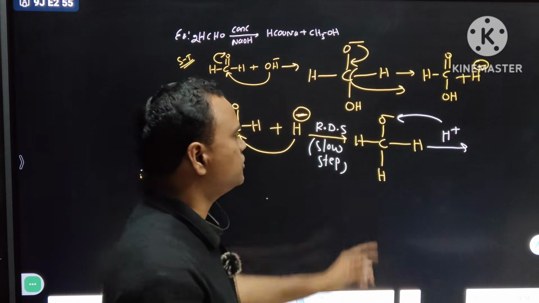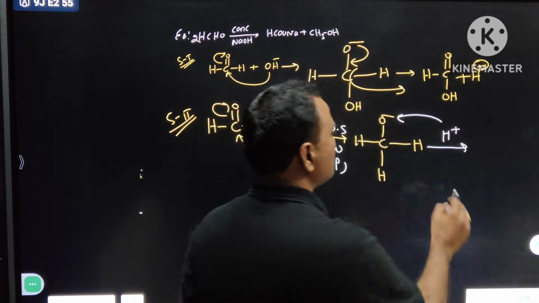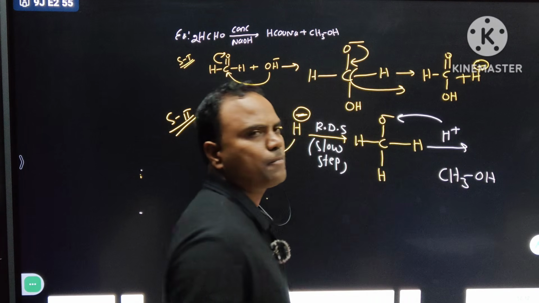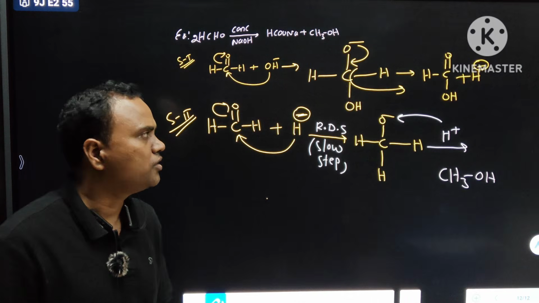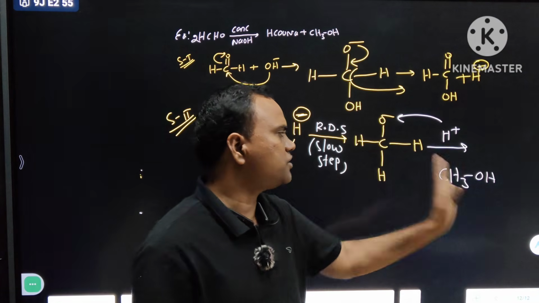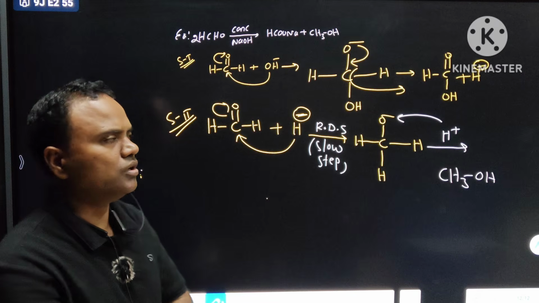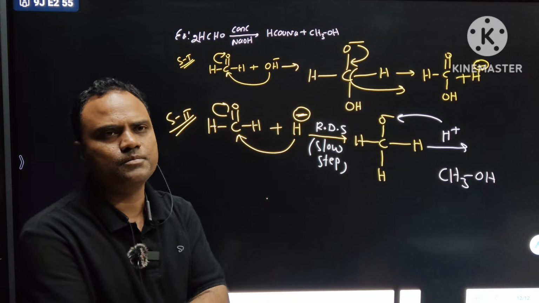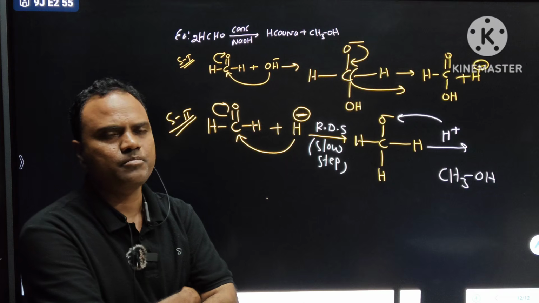Proton transfer will give 3 hydrogens and 1 carbon, CH3OH. So the salt of a carboxylic acid and alcohol are formed. This is the mechanism of the Cannizzaro reaction.